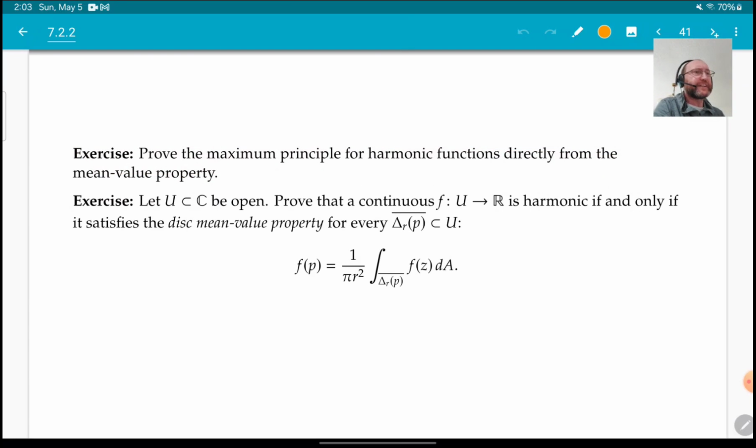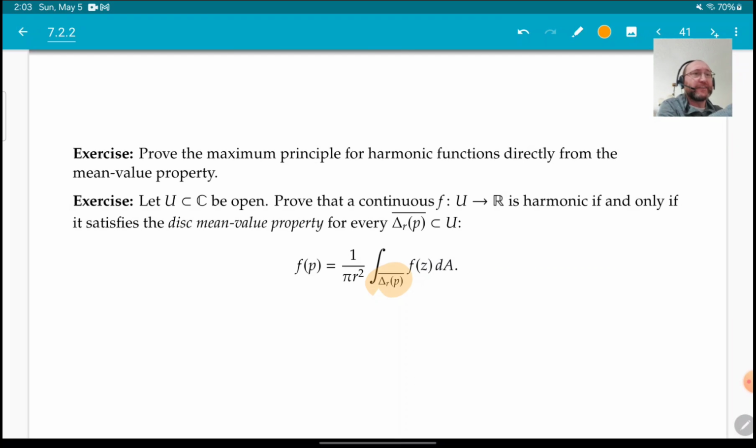Then the next exercise. Sometimes the mean value property is not given in terms of circles. Sometimes it's given in terms of disks. So instead of averaging on a circle, I could average on a whole closed disk. This is a slightly simplified version without that R of p. Let's just suppose it's for all these disks.